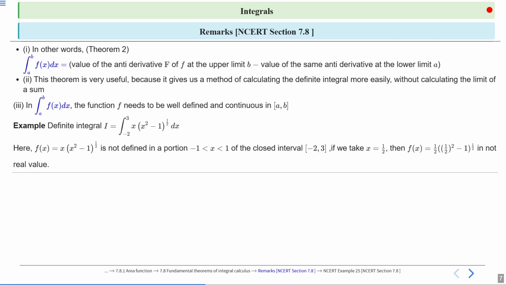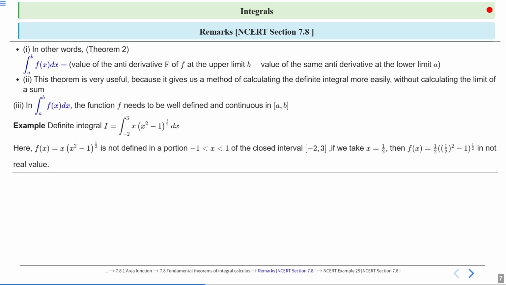For example, we take x equal to 1 by 2. Then the value of f(x) is 1 by 2 times (1 by 2 whole squared minus 1) to the power 1 by 2, which is not a real value, because 1 by 2 squared is 1 by 4, and 1 by 4 minus 1 becomes minus 3 by 4.